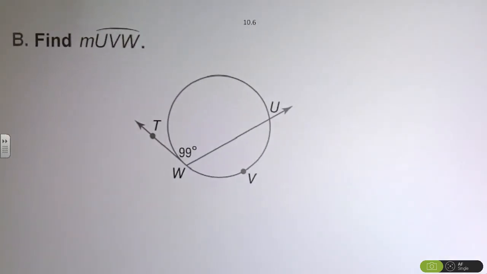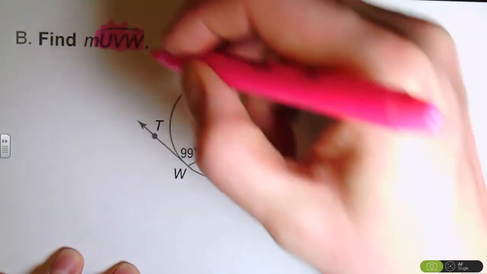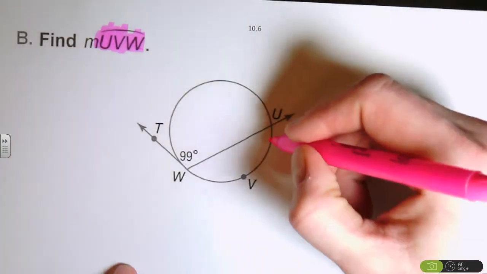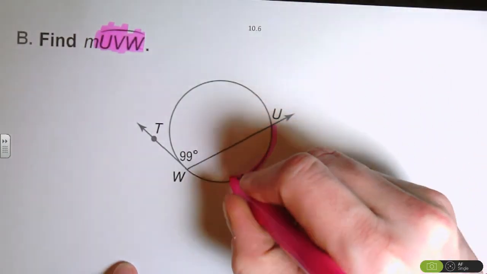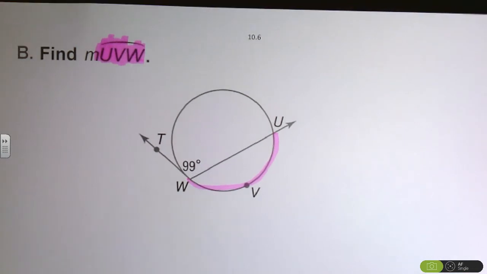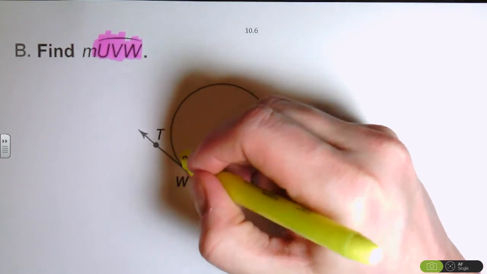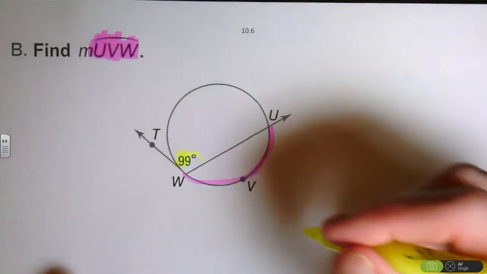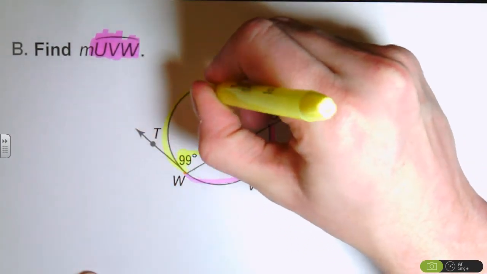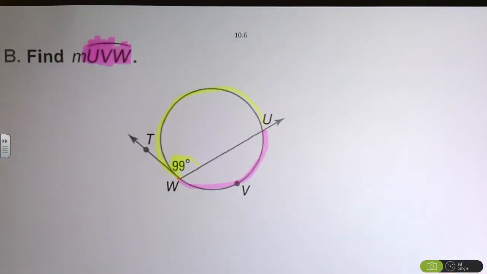So I am looking for the measure of arc UVW. Well, here is UVW. But the problem is the angle I have, the 99 degrees angle, which is this angle here, this is its arc. So I'm not going to be able to directly get to that one either.